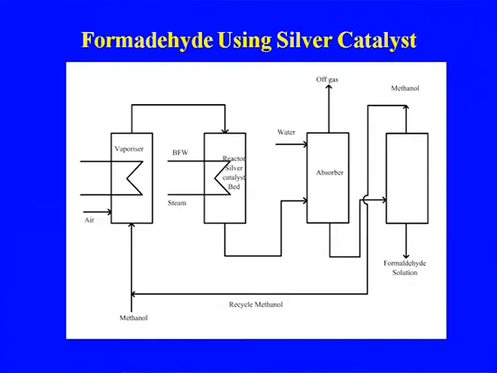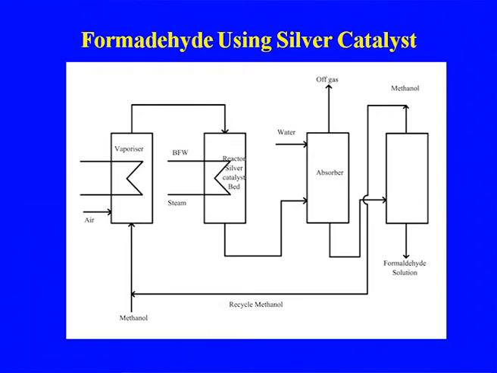This is the process using the silver catalyst, the air and the raw material going to the reactor, and from the reactor to the absorber, where you take off the off-gases, and finally the formaldehyde. This is the main reactor. This is the vaporizer we are having, because the methanol goes from here.